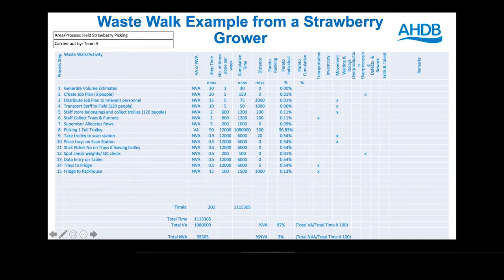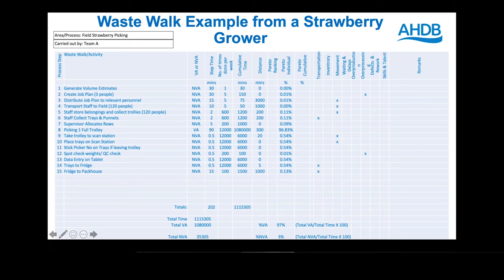And then the actual picking of the product itself, scanning the trolley once they've picked a full trolley's worth of strawberries, getting it down to the scan station, weighing those punnets and trays and doing a quality check, entering the data onto the IT system, and then transporting those products to the fridge and then to the pack house.